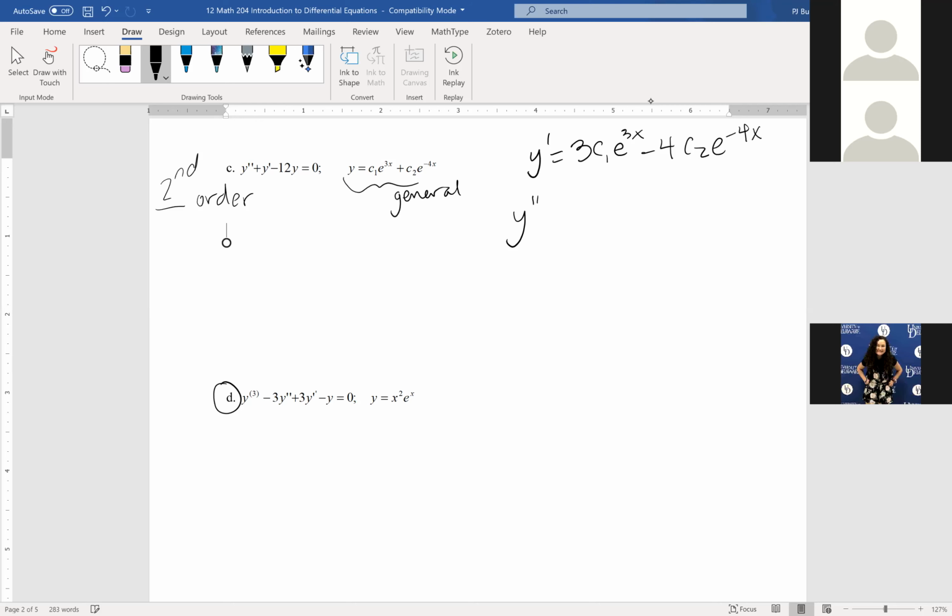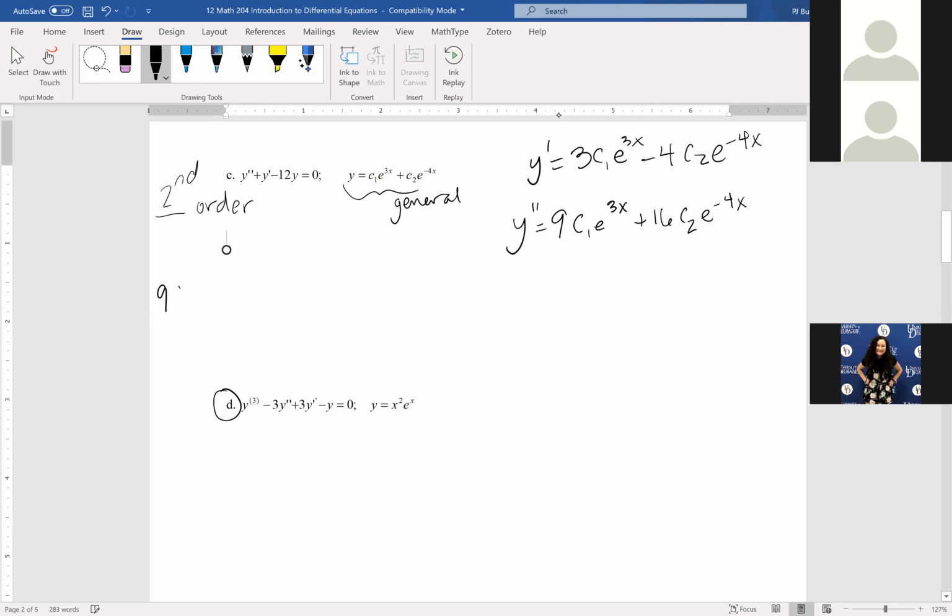Y double prime. We bring another 3 down. And here we bring down another negative 4. And that's what we should get for y double prime. So now we need to plug y double prime, y prime, and y all into that equation and prove that it equals 0.